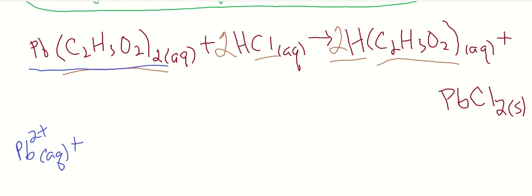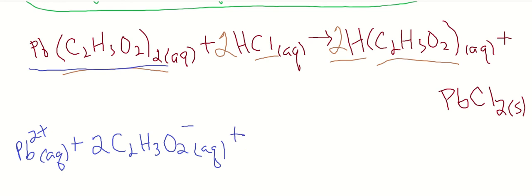And then let's bring that quantity up to the front. All right, so 2 acetates. They have a 1 negative charge, so don't forget your charges. Don't forget your AQs, and we have 2 protons. And we have 2 chloride anions.